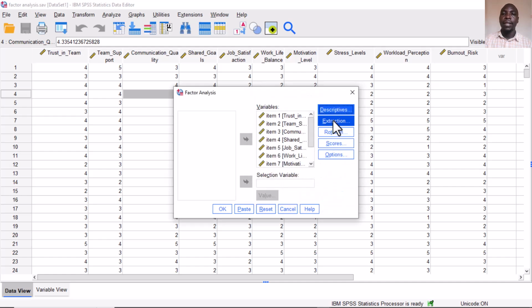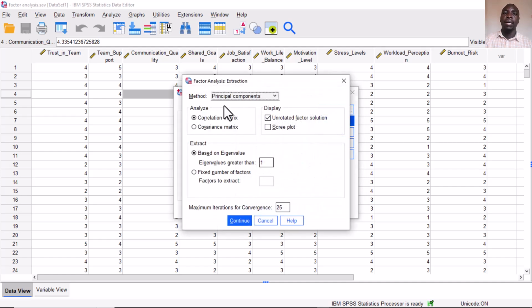Continue. Under extraction, we have different ways of forming those groups or extracting those factors of related variables. And when I click on here, you see that we have several, but the most common ones are principal components and the principal axis factoring, which is the common factor analysis.